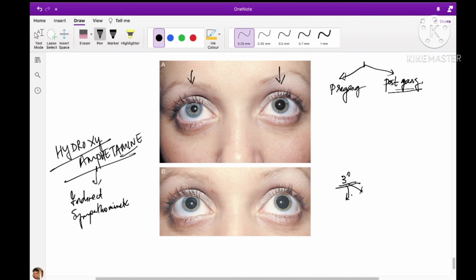If the third order neuron is functional, with the effect of hydroxyamphetamine noradrenaline is released. This is the abnormal eye, where you can see the miosis, and this is the normal eye. If the third order neuron is normal, hydroxyamphetamine will cause the release of noradrenaline, and it will cause dilation of the normal pupil, of course.